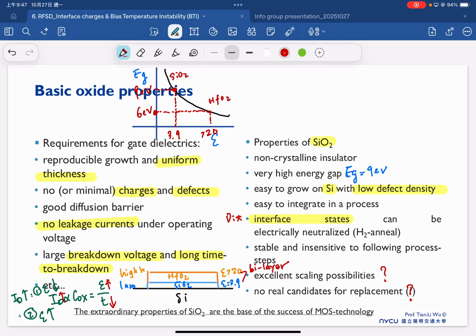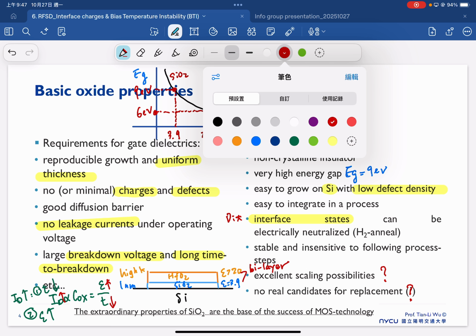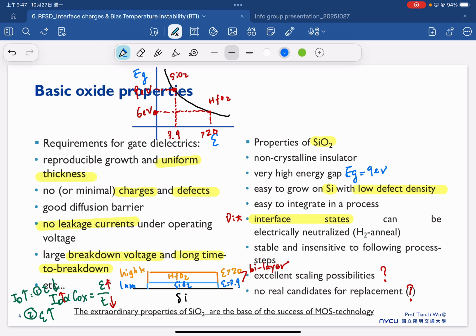But at the meantime, we not only use a high K, but also the metal gate. If you look back at the history of semiconductor development, there was one dramatic performance improvement at the technological node that we call high K metal gate, because at that moment we started to leverage the high dielectric constant material to boost the current.